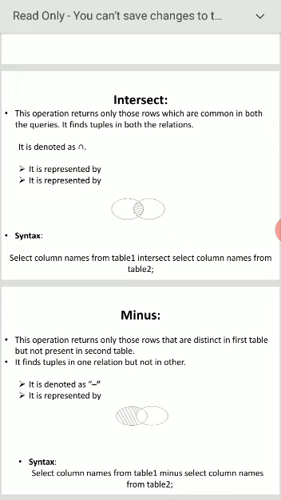It is denoted by the minus symbol. You see that figure. It will extract only the rows from the first table that do not exist in the second table.